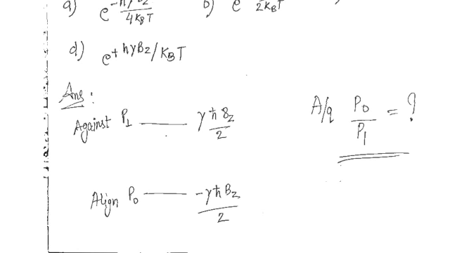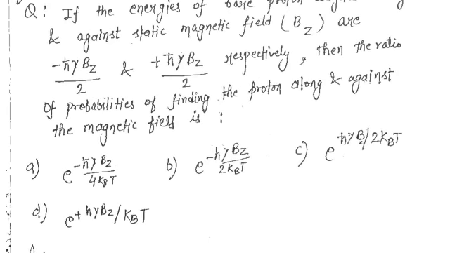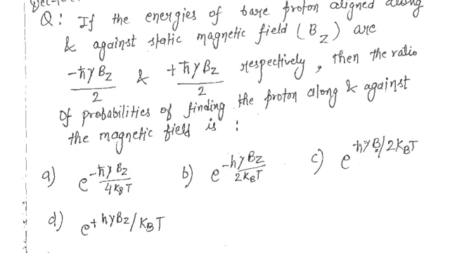Try to read the question. It is asking, wait a moment, yeah. So the question is asking us the probability of the proton along and against the magnetic field. The energy state which is along the magnetic field is the alpha state, that is the lower state, and the energy state which would be against the magnetic field would be the beta energy state.